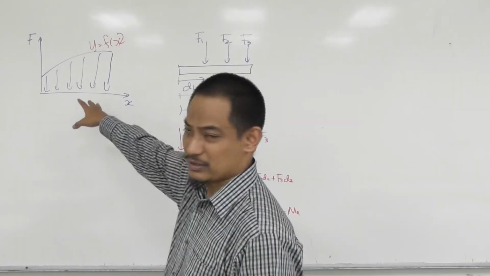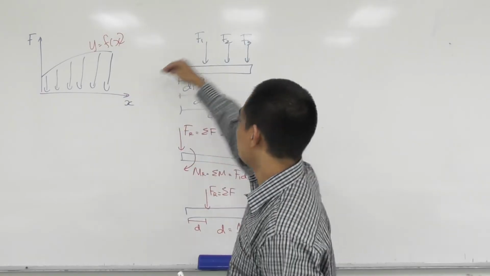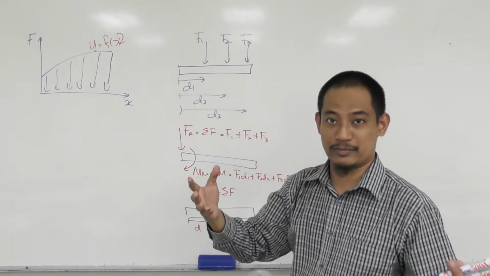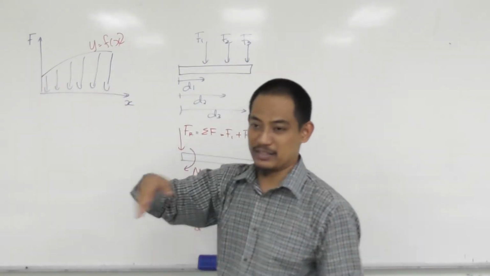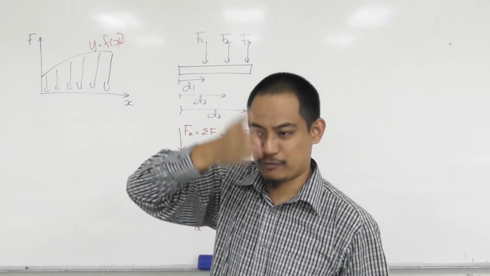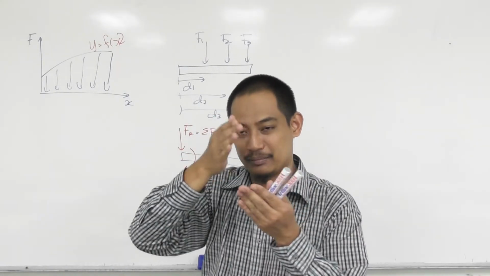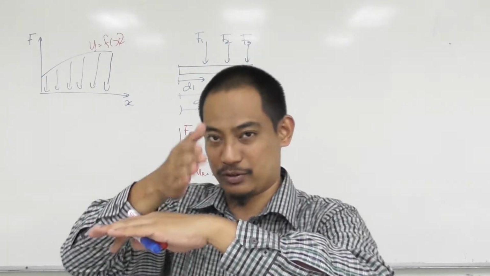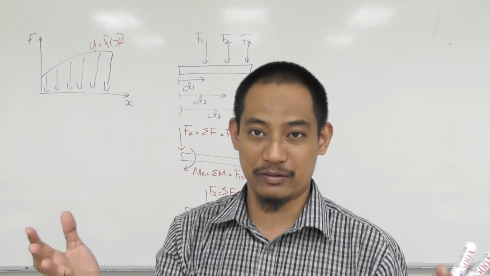Now, the same concept applies here, right? Because for distributed loading, here we have three forces basically, right? And distributed loading is basically just as if you have a force at every minute position, right? So that's the meaning of distribution.